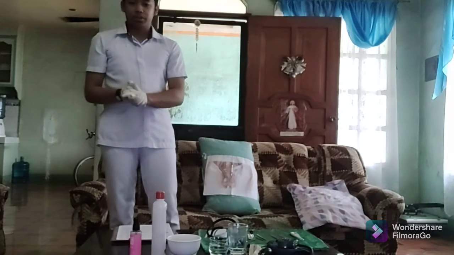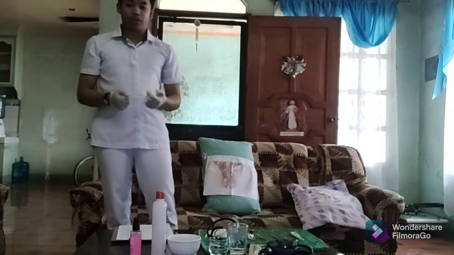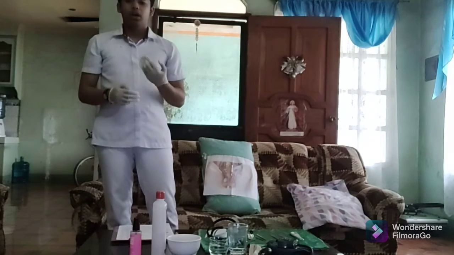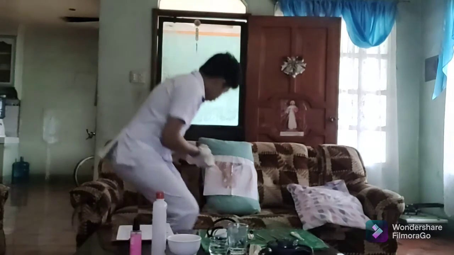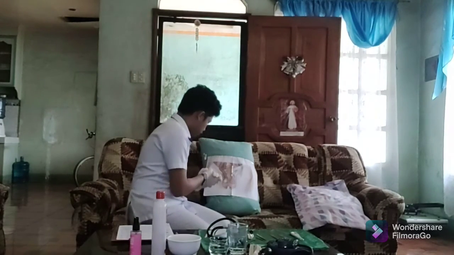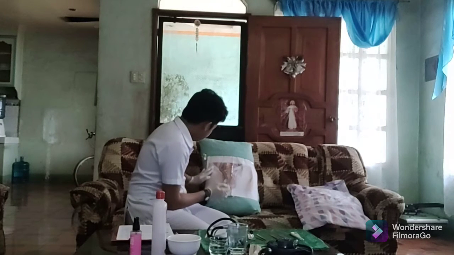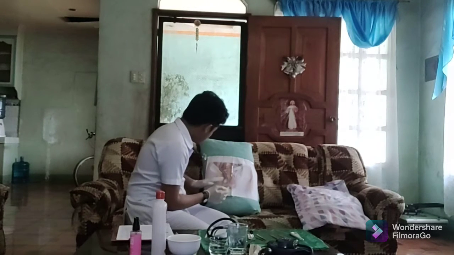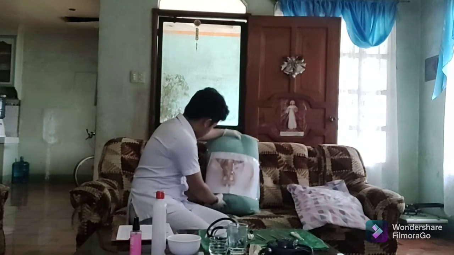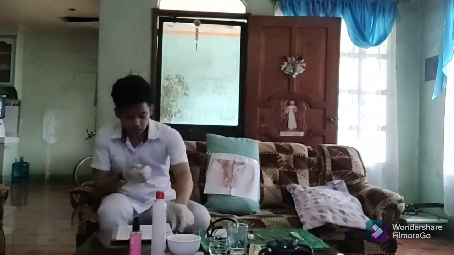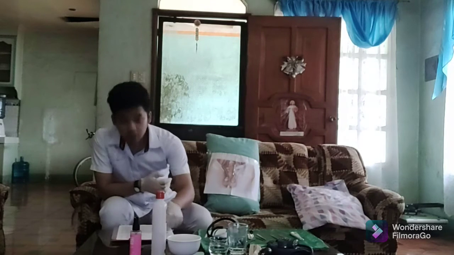First is to inspect the skin and shaft of the penis for color, shape, size, lesions, or rashes. Sir, I'm just going to inspect your penis, sir. Okay. Okay, sir. So there are no irregularities noted.